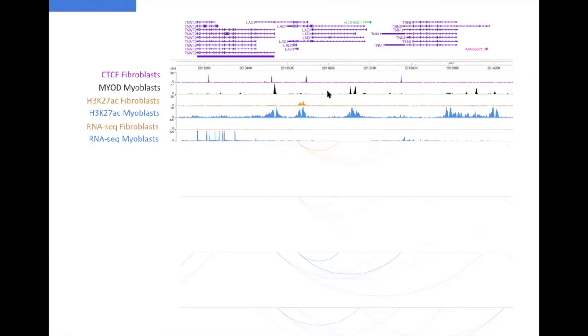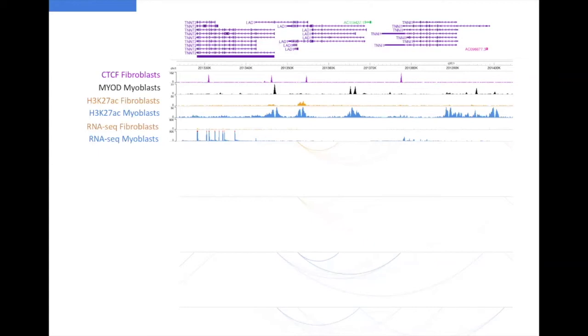And that was the only interaction that we captured with our previous analysis, HiC-ChIP-seq integration. But as you can see here, with HiChIP, we found a huge number of interactions instigated by MyoD binding to the promoter. And that revealed a huge number of additional putative enhancers that completely escaped our attention in our previous analysis.